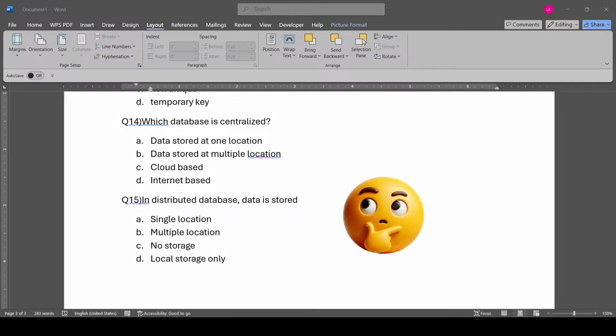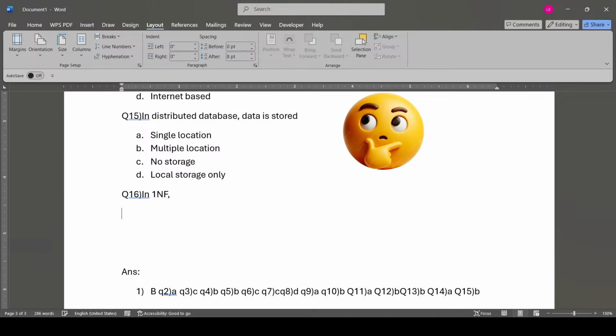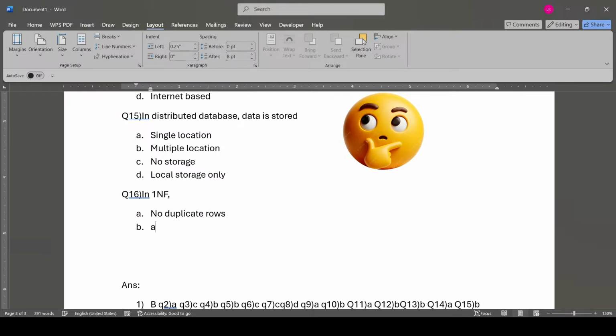It means the data is stored in multiple locations. So question number 15b. Now going for the next question. Question number 16. B. So which one will be the answer?